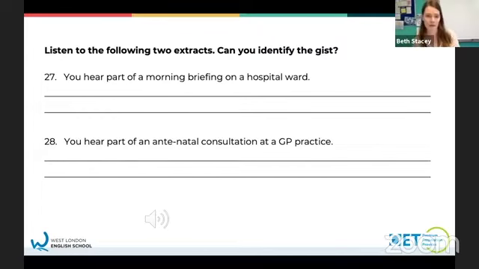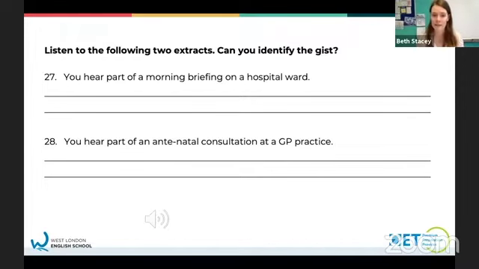Okay. So hopefully you managed to identify the gist with that one. Now, in the first recording, the morning brief, the gist was really that a patient had been admitted overnight. She had schizophrenia and she needed to stay in care until she was stabilized and she just needed monitoring. So that was the general gist of the first one.